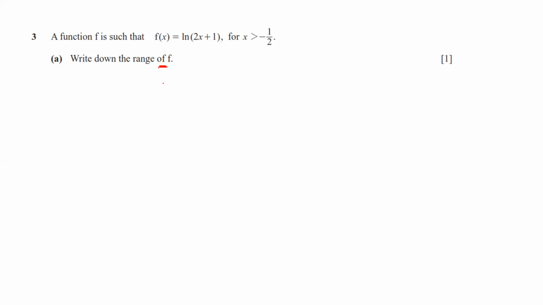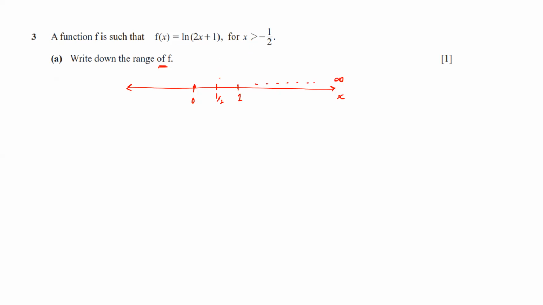So the range. In this case, if I have this line, this is my x, this is my 0, and let's just say 1/2, this is 1, and it goes on till infinity.